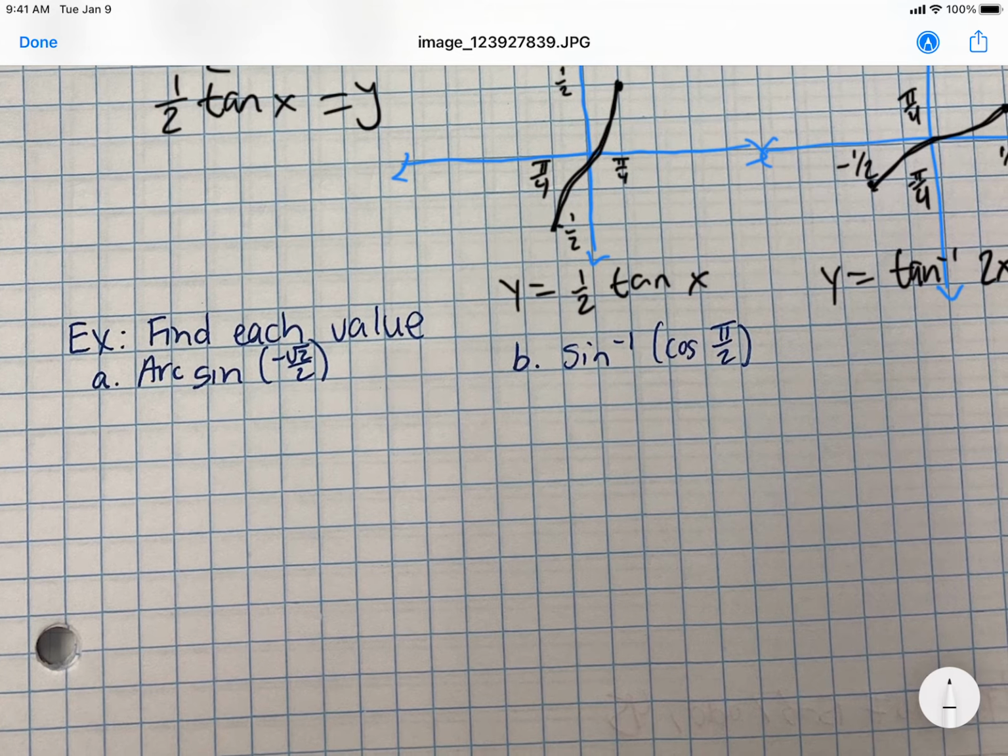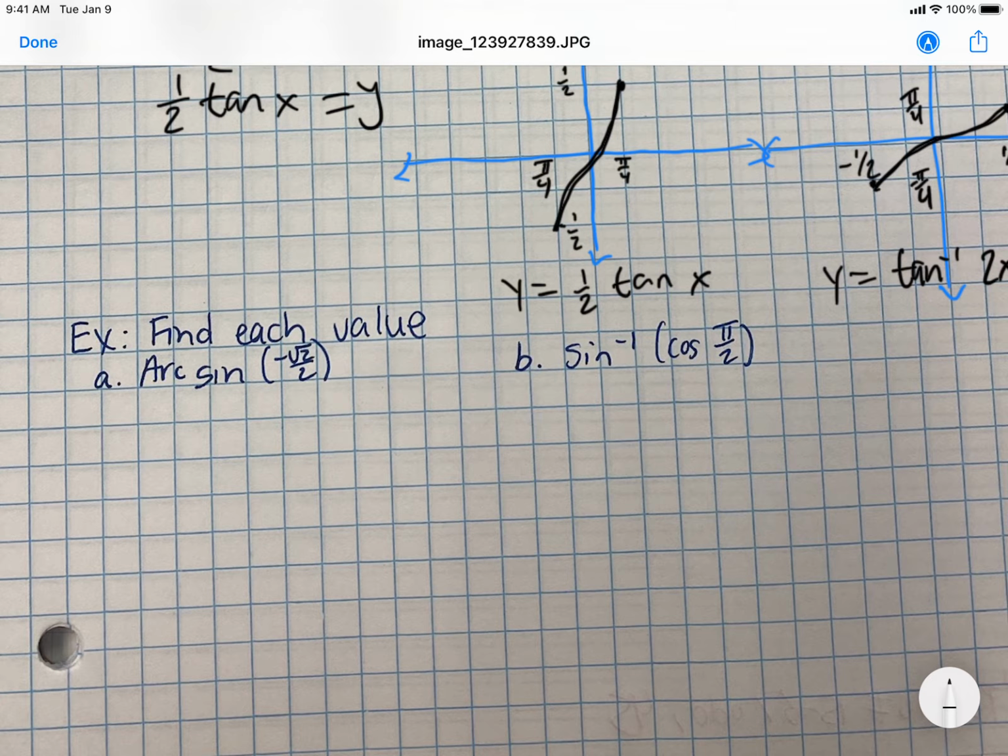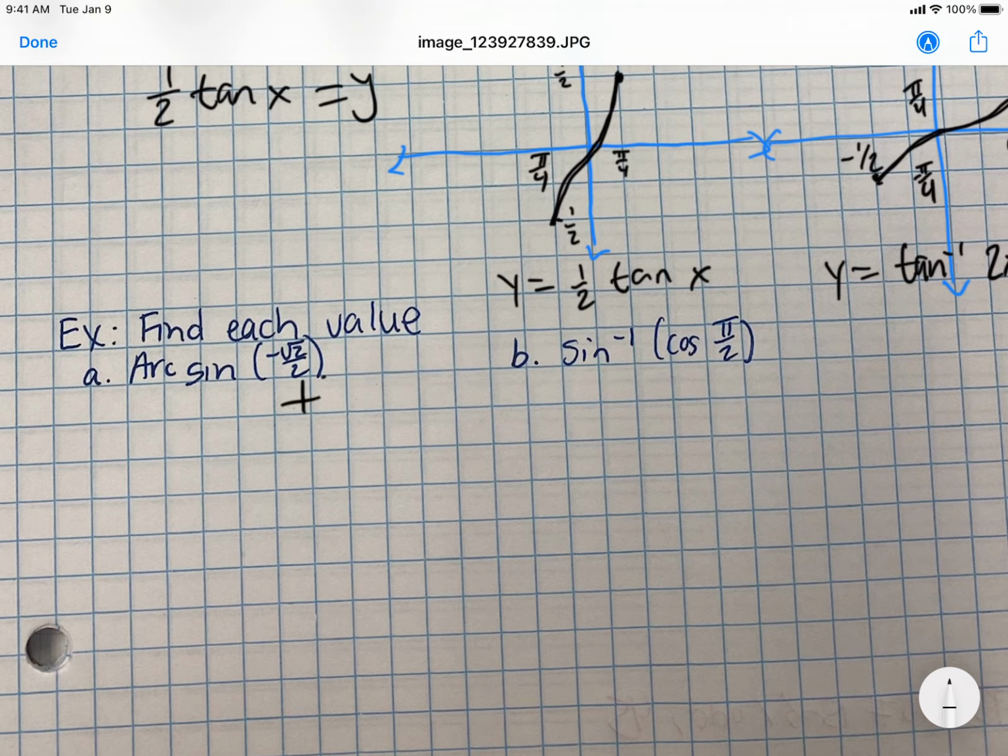All right, find each value. My note, which I will add right here: use your unit circle for these. On this first one, remember the inverse sine helps us to find an angle.